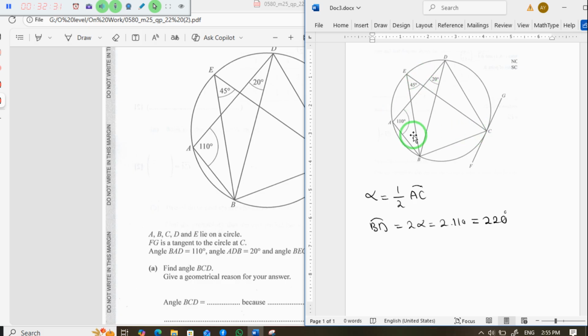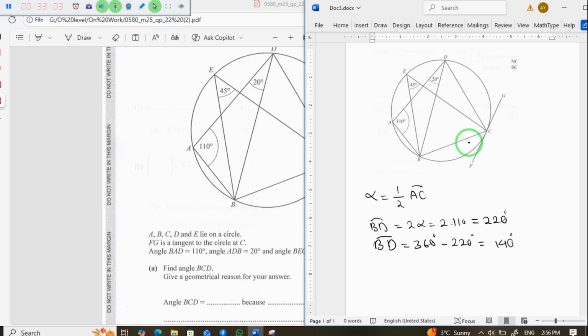So the arc of BD is equal to 360 degrees minus 220 degrees, which is 140 degrees.